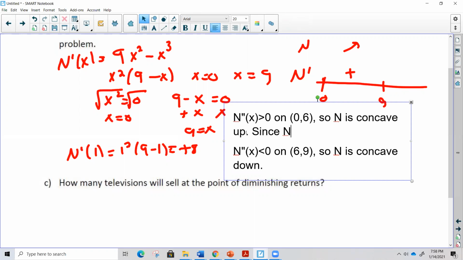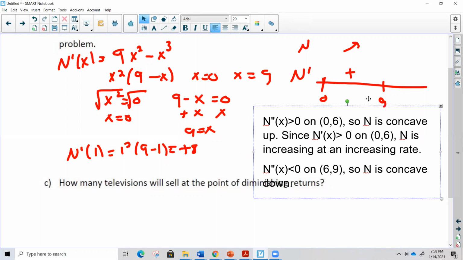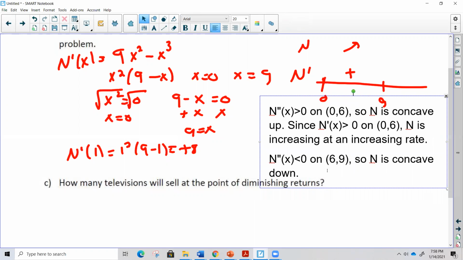So since n prime of x is greater than 0 on 0 to 6, n is increasing at an increasing rate, which just means that my slope is getting steeper and steeper.